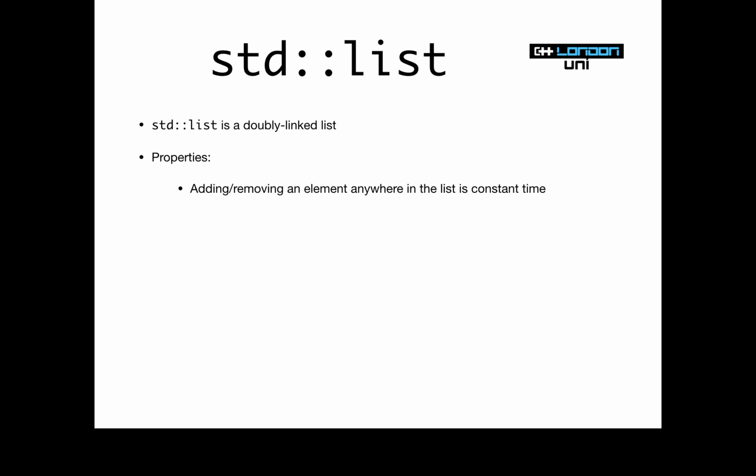But if you have to add something and you need more memory, is it going to take the same time? Sorry, say that again. If you have 10 elements and you want to add the 11th, so you want to ask for 10 more spaces of memory. No, so a list allocates each node individually.